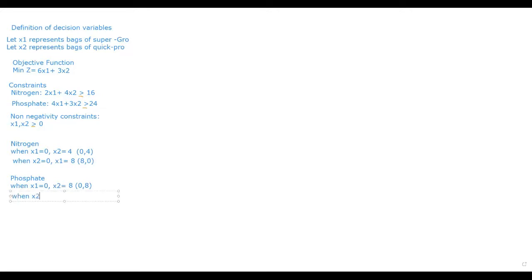When x2 is equal to 0, what will be the value of x1? So 3x2 will be 0, so the whole of that term will be 0. It will be 4x1 greater than or equal to 24.